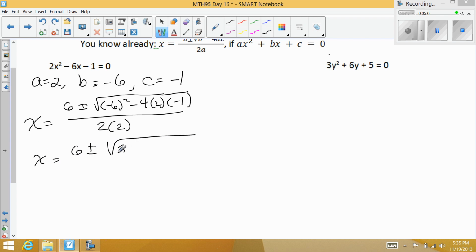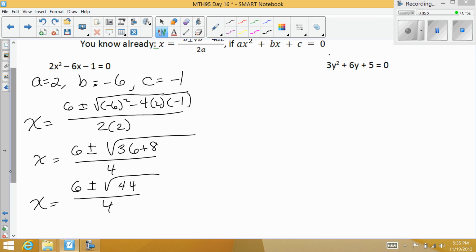I'll have a 36 here, and let's see, 2 negatives, this will turn into an addition, so that's an 8, and 2 times 2 is a 4. It's hard to tell ahead of time just how much work some of these will be to clean up the square roots. This is going to be a 44, a 36 plus 8, all over 4.